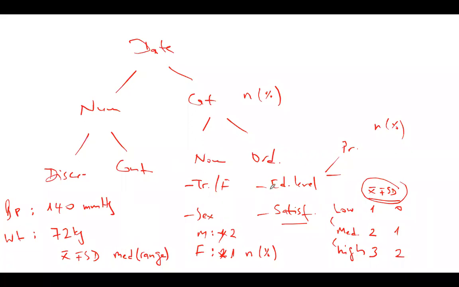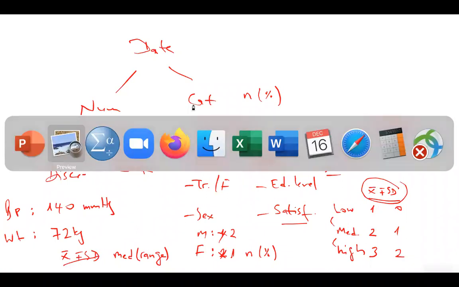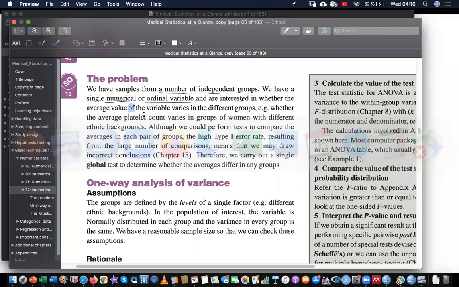It is not numerical, it is categorical ordinal data. But you take its mean and present it as numerical data. So that's what the book mentions here.